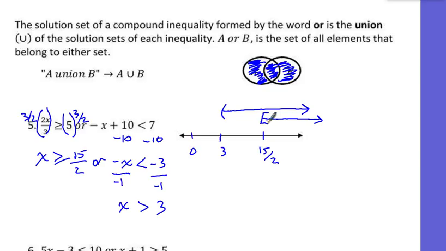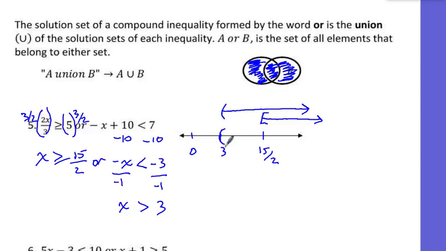So unlike the first set of problems where we are looking for the overlapping region only, we will be working to find the elements from any set. So because these overlap from the 15 halves on to the right, all of that is included, but so is this.